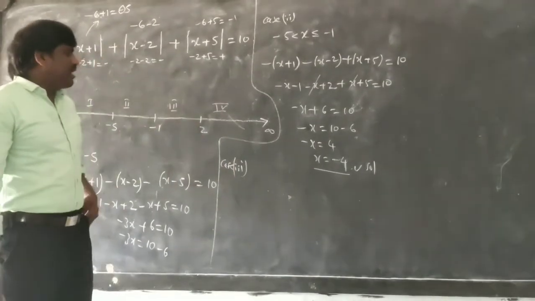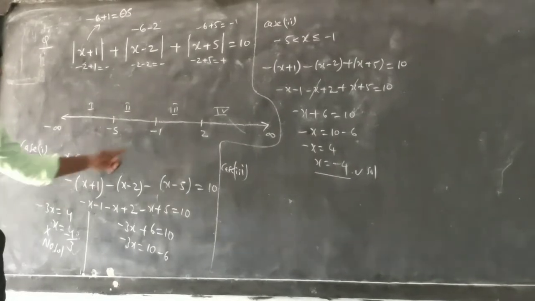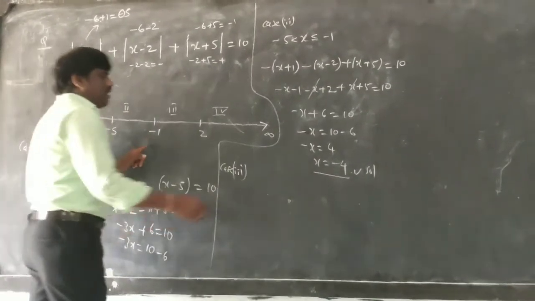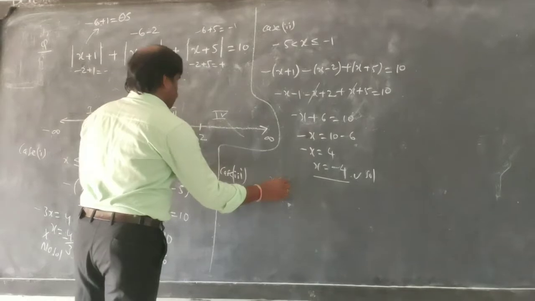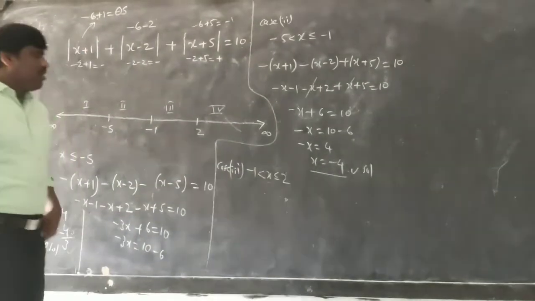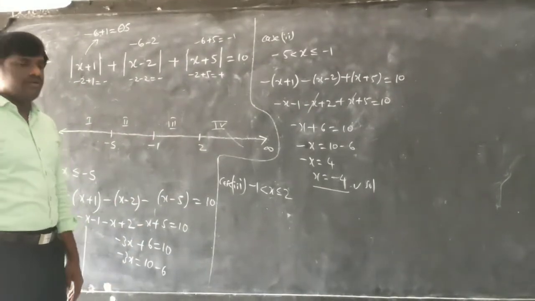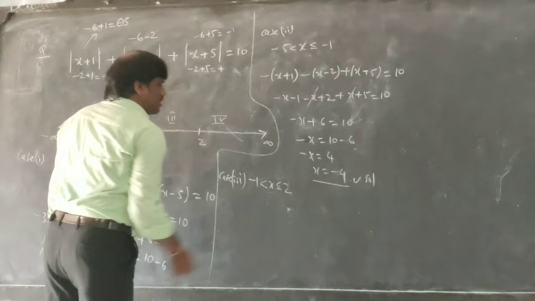Now what am I going to take here? The third case. X is in between which values? 2 and -1. What is a number between 2 and -1? Let us take 0.